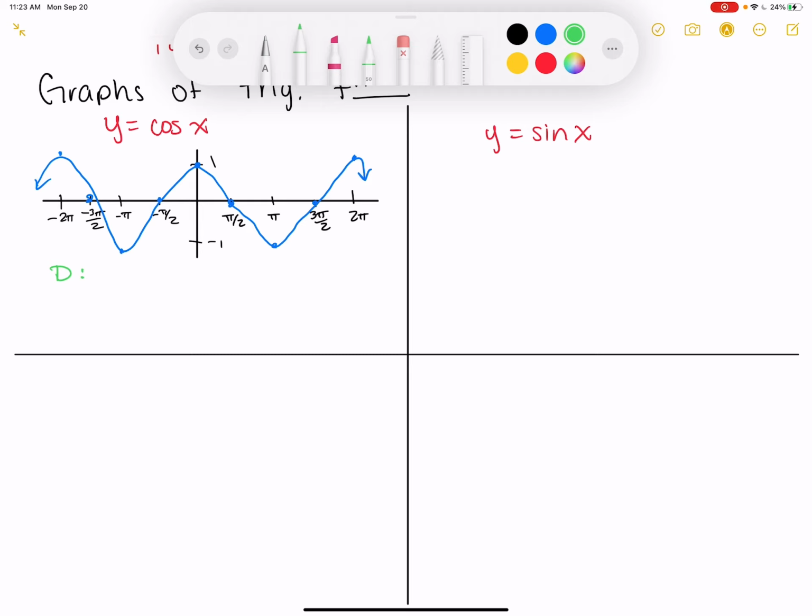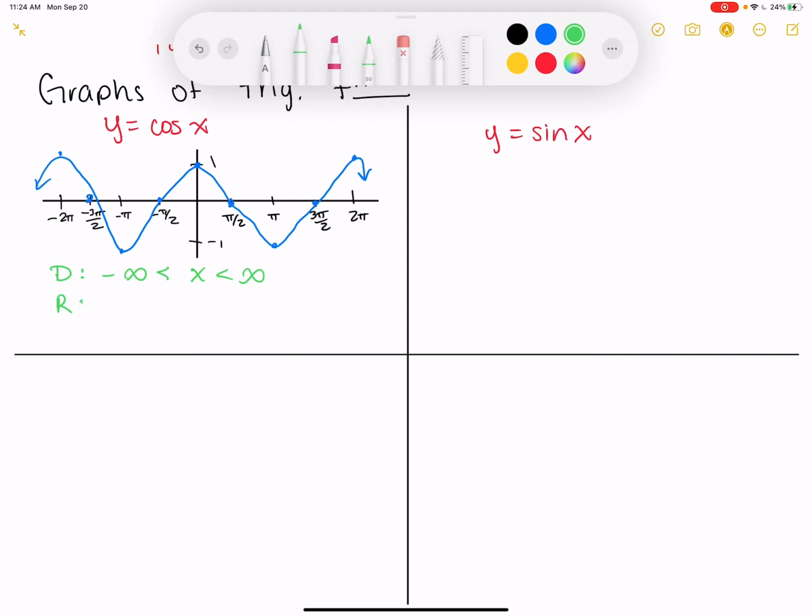Now, what would the domain be for this function? What x values does this take up? Negative infinity less than x less than infinity.